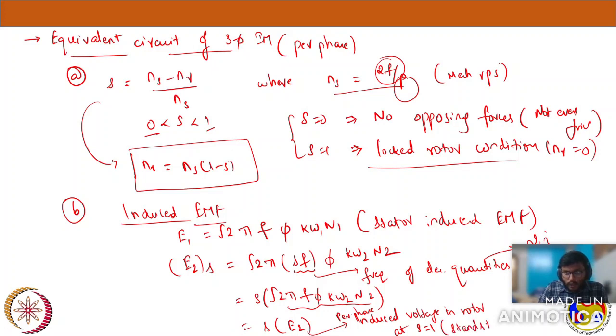Standstill means there is no movement in the rotor. At that condition NR equals 0 and NS minus NR equals NS. So there you get slip equals 1.